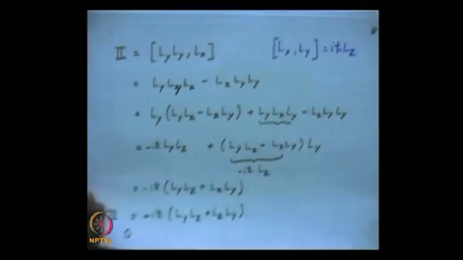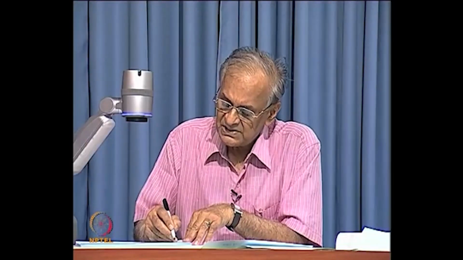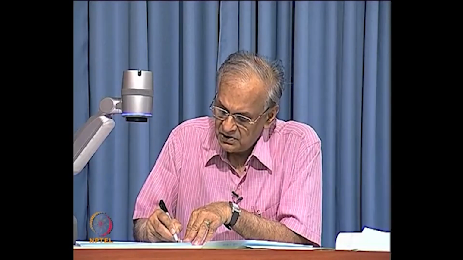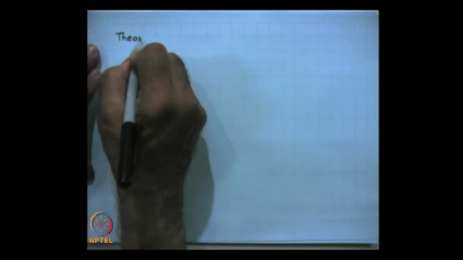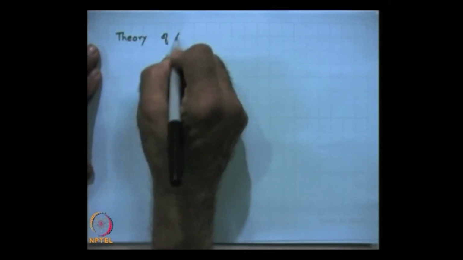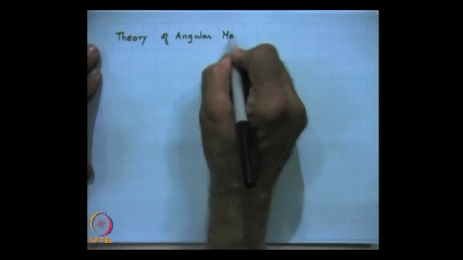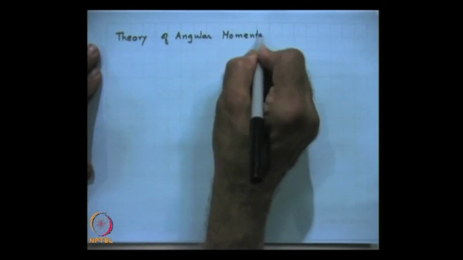Similarly, we have 3 commutation relations that we have derived, and so the starting point of the theory of angular momentum is to start with the commutation relations.